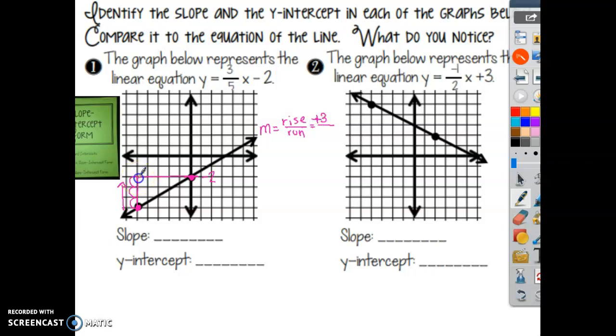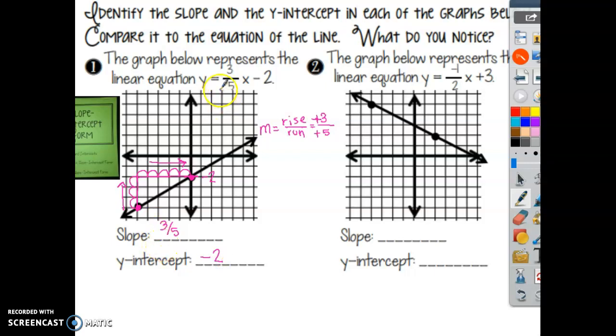And then our run is 1, 2, 3, 4, and 5 to the right. Any movement towards the right is, again, positive. So it's +3 over +5. Our m, or slope, is 3 over 5, and our b, or y-intercept, is -2.